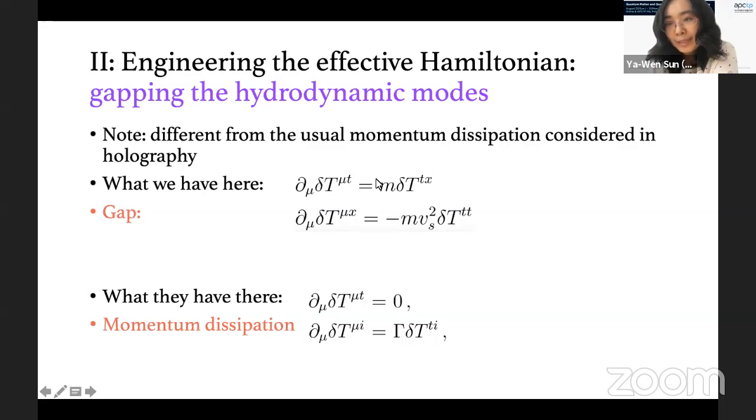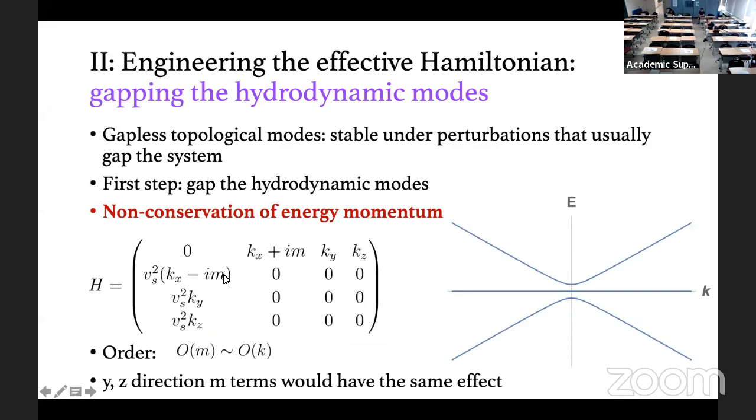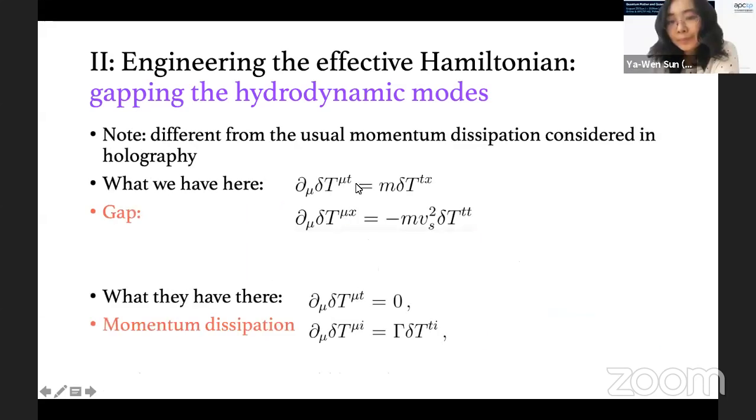If we break the conservation in this way, then the effective Hamiltonian of these two terms would arise in this way. So this means the energy density and the x direction momentum are not conserved, and also have to be non-conserved in a special way.